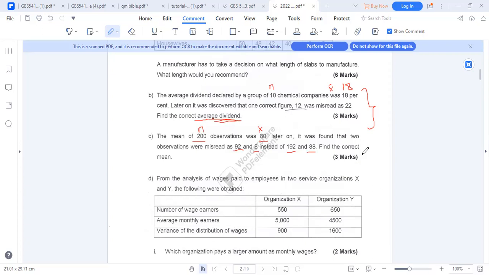So the 192 and the 88 are correct. Good. Correct ones are these ones, and the wrong ones, yes, these ones. Are we all agreeing? Yes.